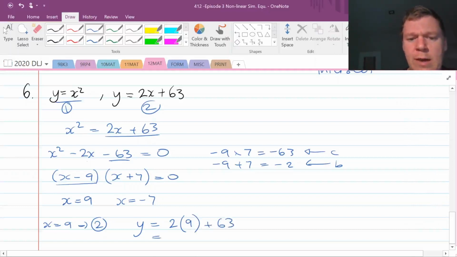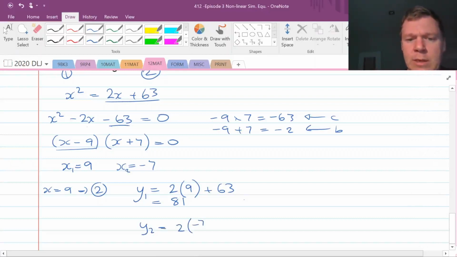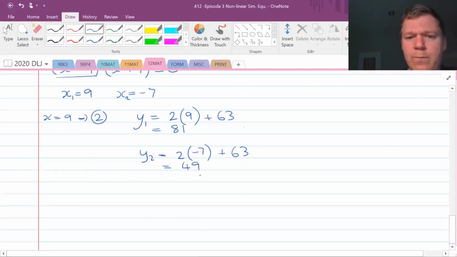That's going to get us 18 plus 63, which is 81. And then our other value, so we'll call that x1. So we just worked out y1. y2 is going to be 2 times negative 7 plus 63. So 63 minus 14 gets us 49.